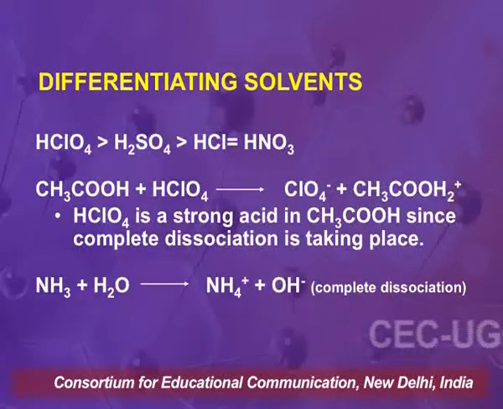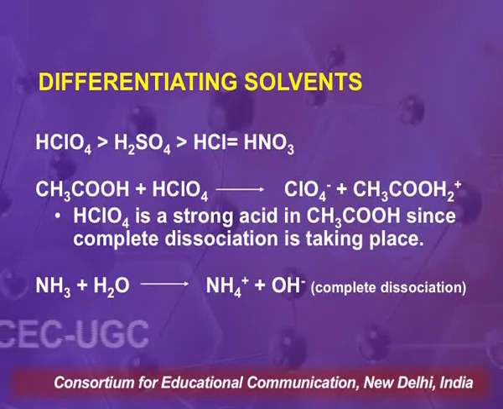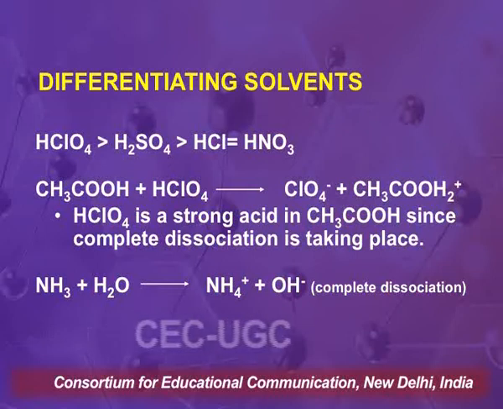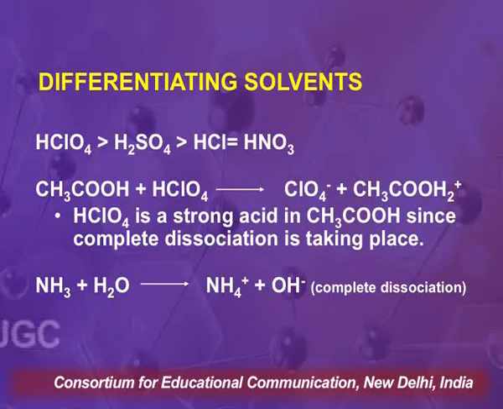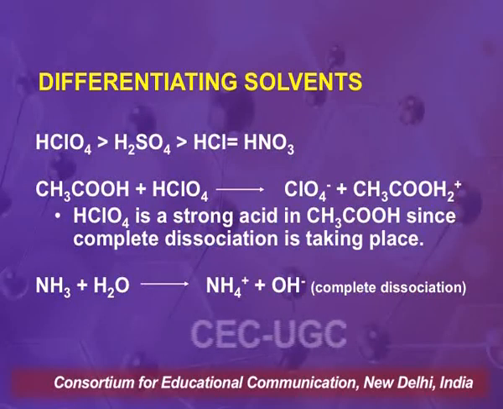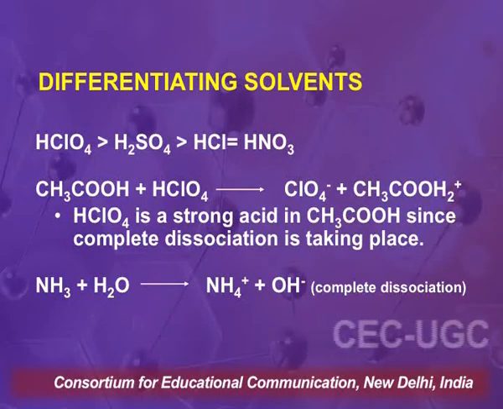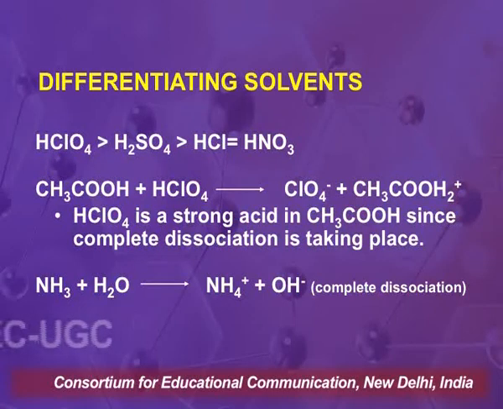So, as we talk about these acids, perchloric acid, HClO4, is the strongest acid. After that, sulfuric acid, which is slightly weaker, and then HCl, hydrochloric acid, and nitric acid, which are weaker than the previous two but are of approximately equal strengths.